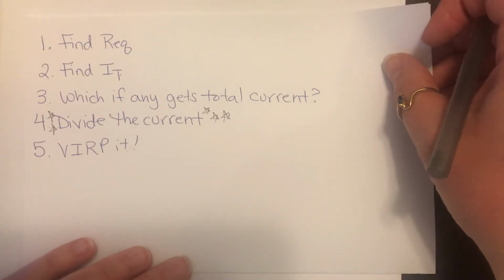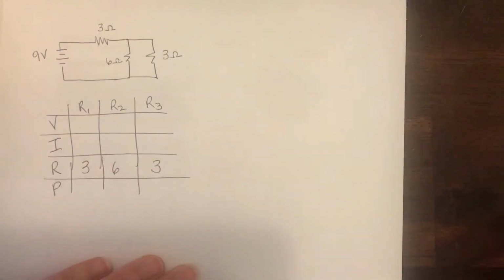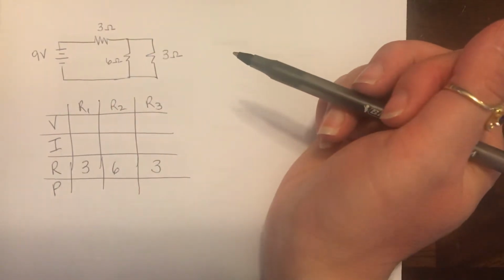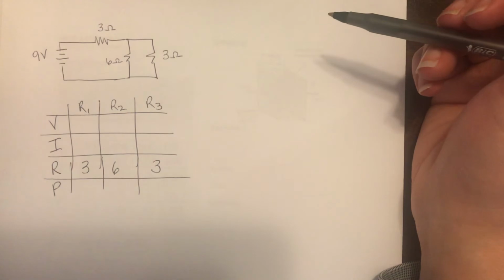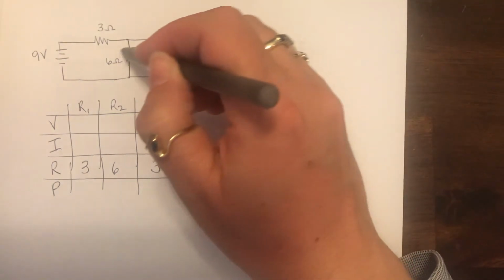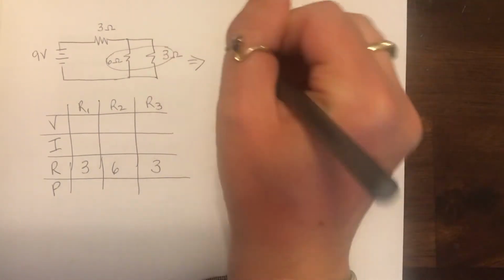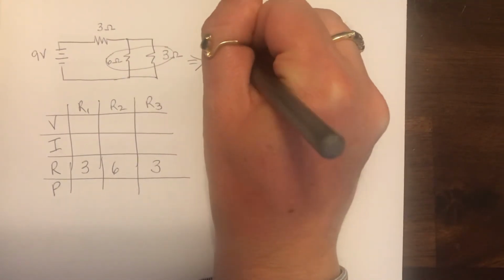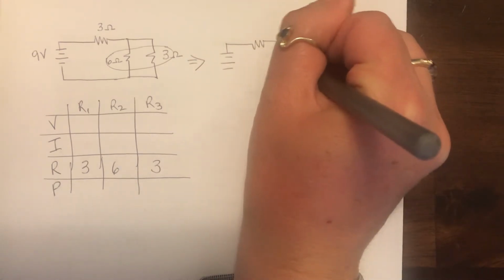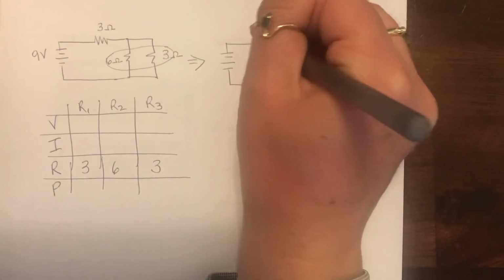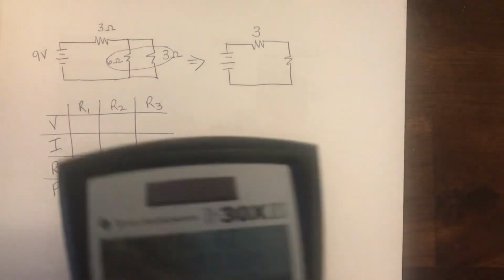All right. First order of business, find REQ. Do you see any resistors that are only in series or only in parallel? Hopefully you are saying, yes, these are in parallel. So if I'm going to redraw, this was the 3.